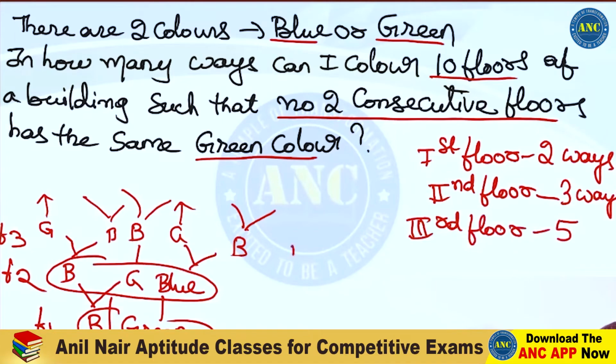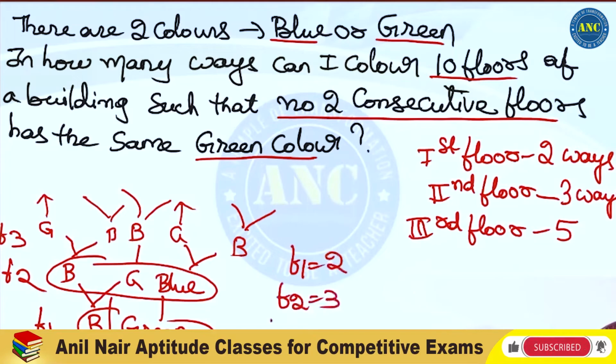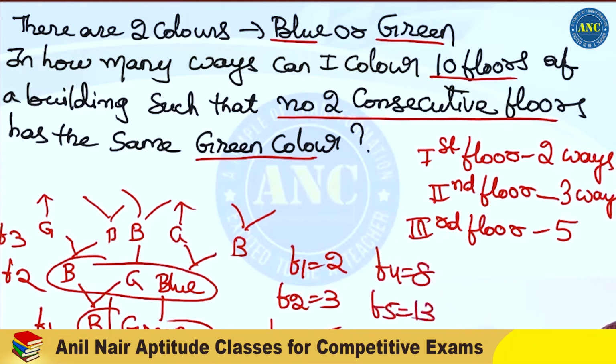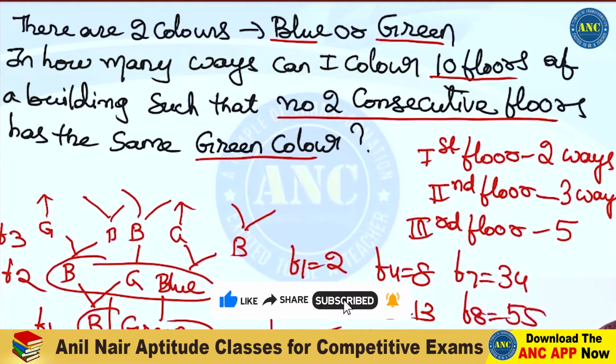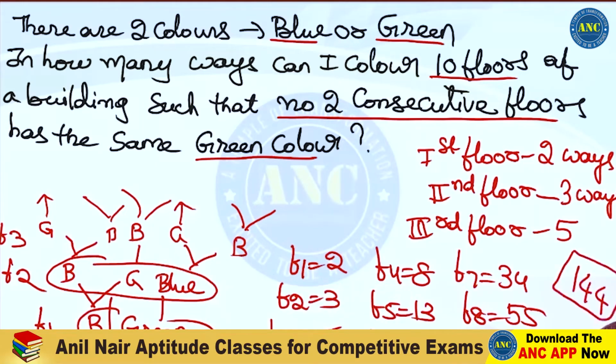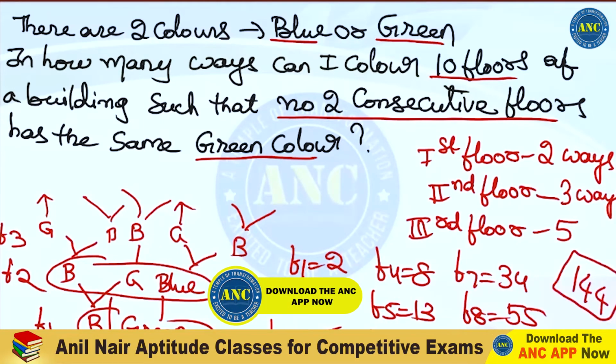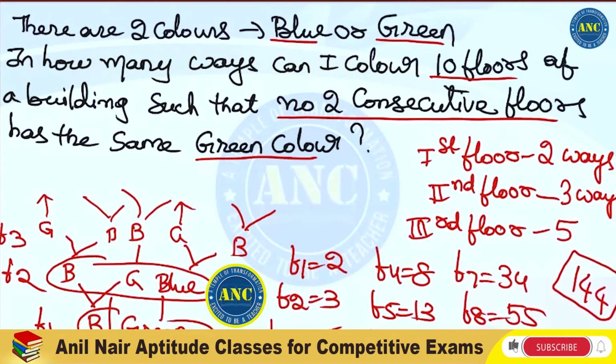So F1 is equivalent to 2, F2 to 3, F3 to 5, F4 to 8, F5 to 13, F6 to 21, F7 is 34, F8 is 55, F9 is 89, and F10 is 144, which is the number of ways you can color it such that no two consecutive floors have the same green color.